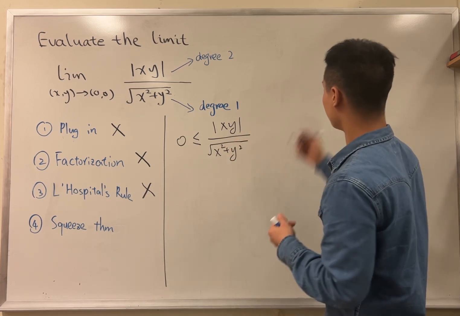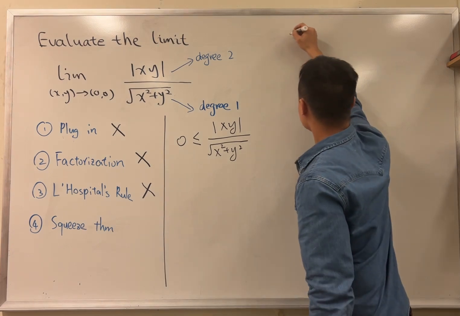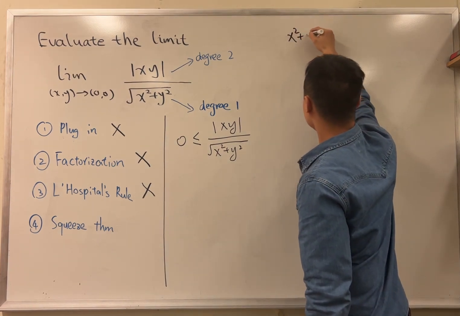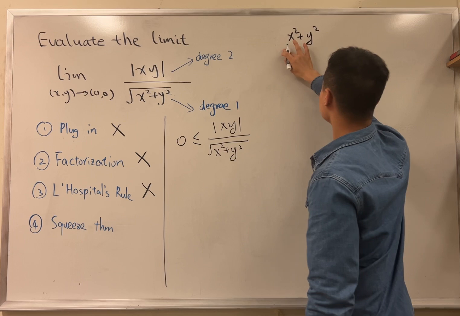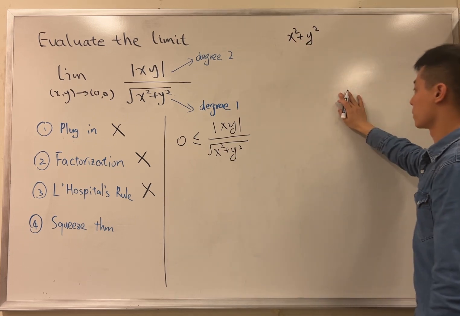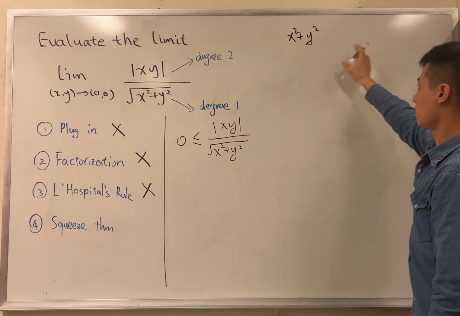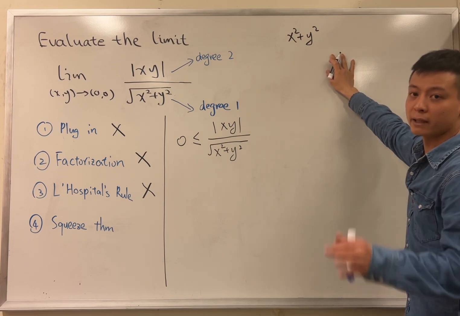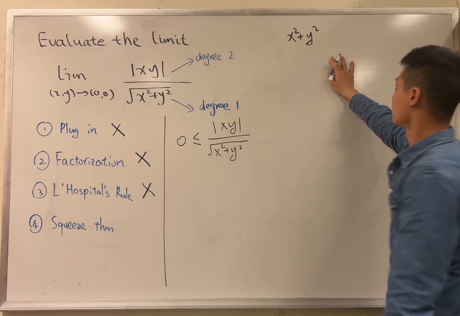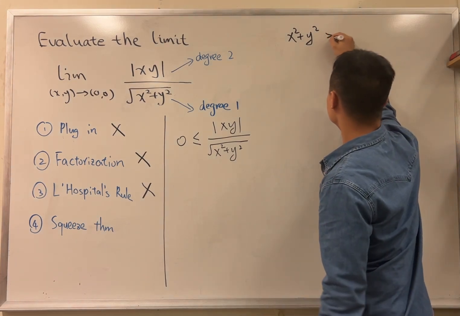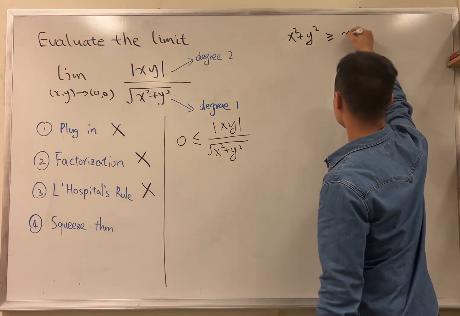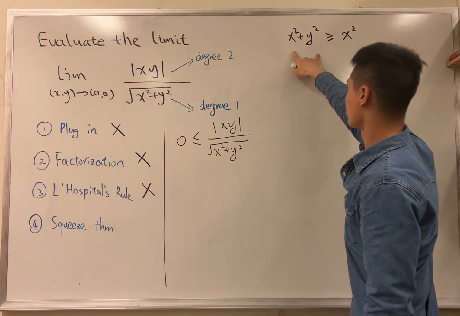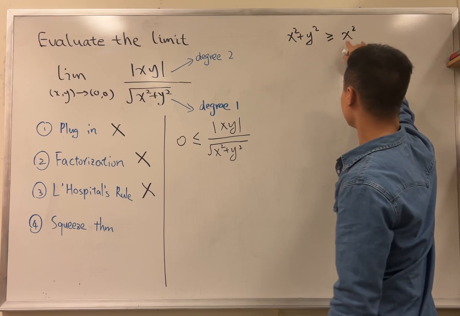And then we're going to do some analysis here. Okay, we have this denominator underneath the square root being x squared plus y squared. We can drop one of the terms here to make the denominator smaller. So let's say we drop the term y squared. So that leaves us with x squared. And we have x squared plus y squared greater than x squared.